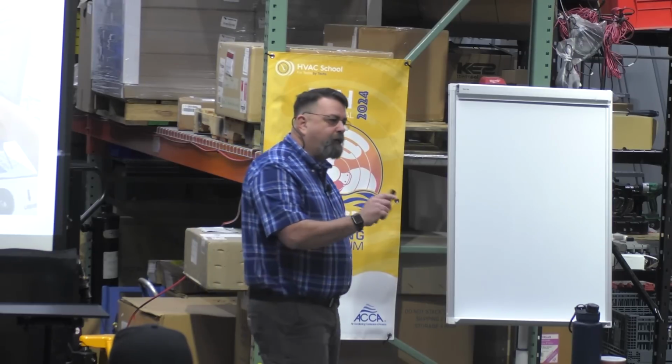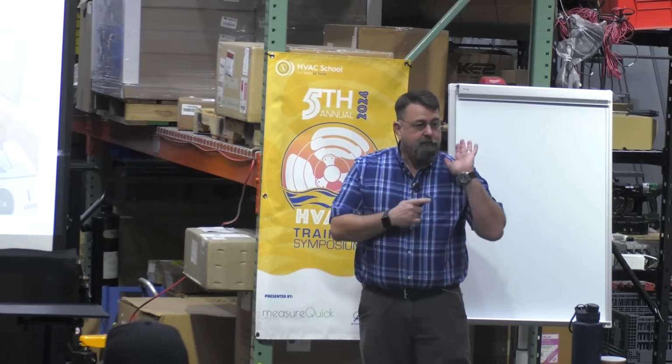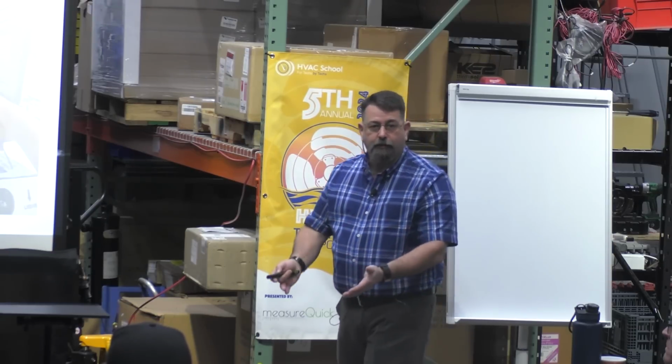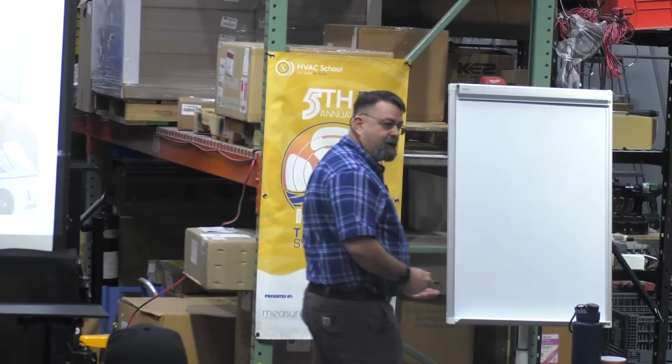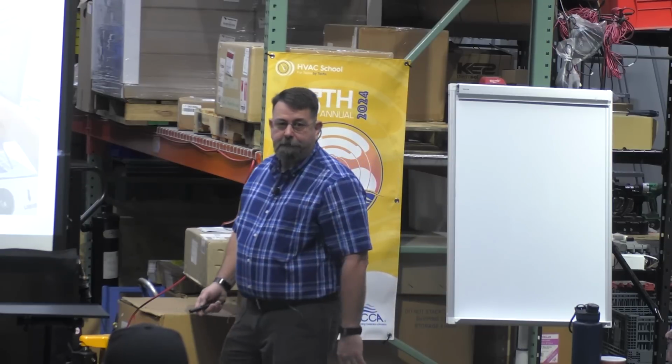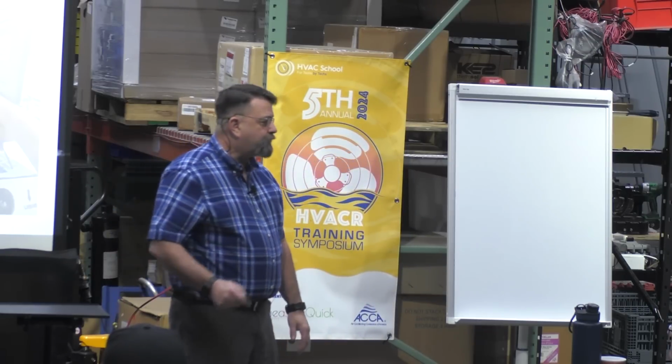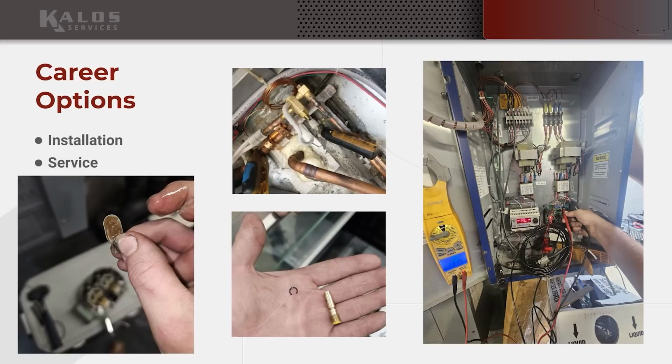Whatever the problem may be, just like a residential AC tech, he's going to get a complaint, show up, diagnose the problem, and talk to the customer about potential repairs. The customer's going to choose a repair, and he's going to effect that repair. So that's really not different.